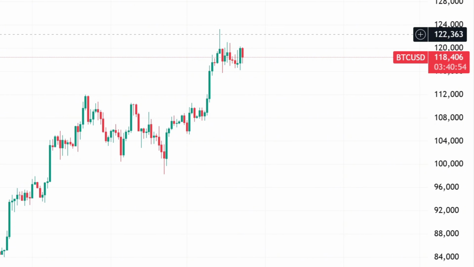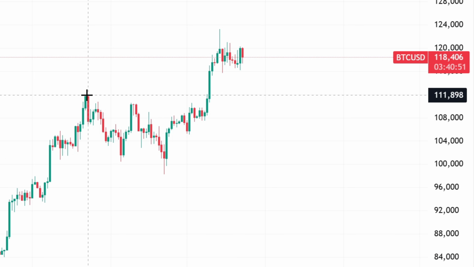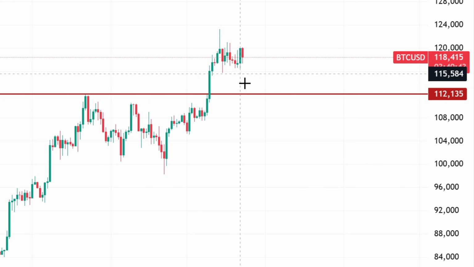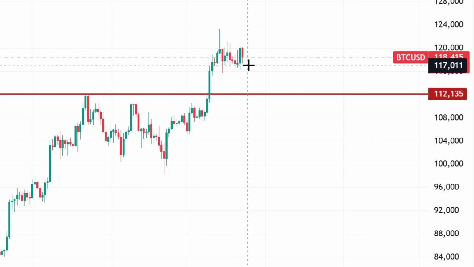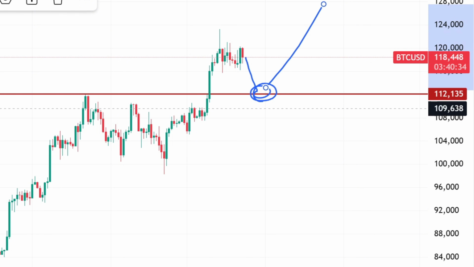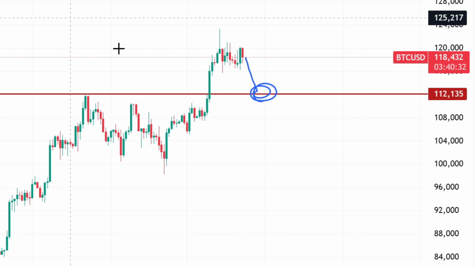You can see that we basically had the old all-time high, and then we did a very nice breakout. But you can also see that so far there was no retest. So the price has not revisited the breakout level and then got higher. We have not done that yet.